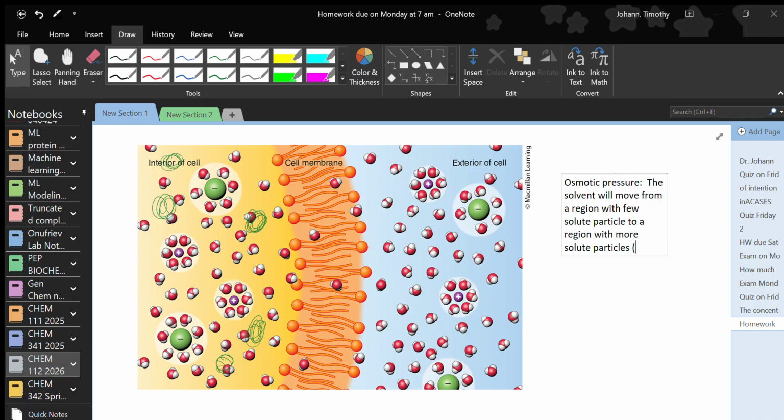What we're talking about here is concentrations. I say fewer and more, but what I mean is less concentrated to more concentrated.